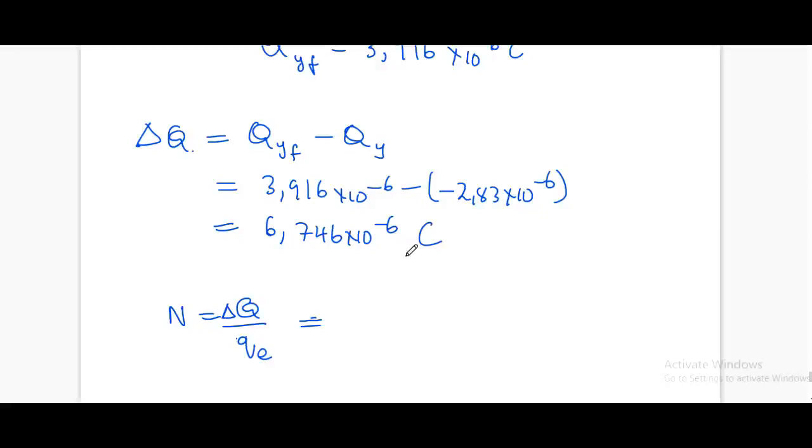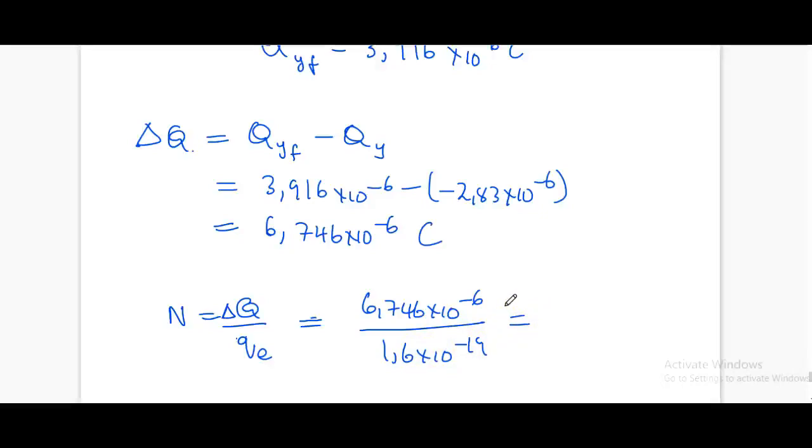So how many electrons are we short of? It tells us how many electrons are lost. Okay, so 6.746 times 10 to the power minus 6 divided by positive 1.6 times 10 to the power minus 19.